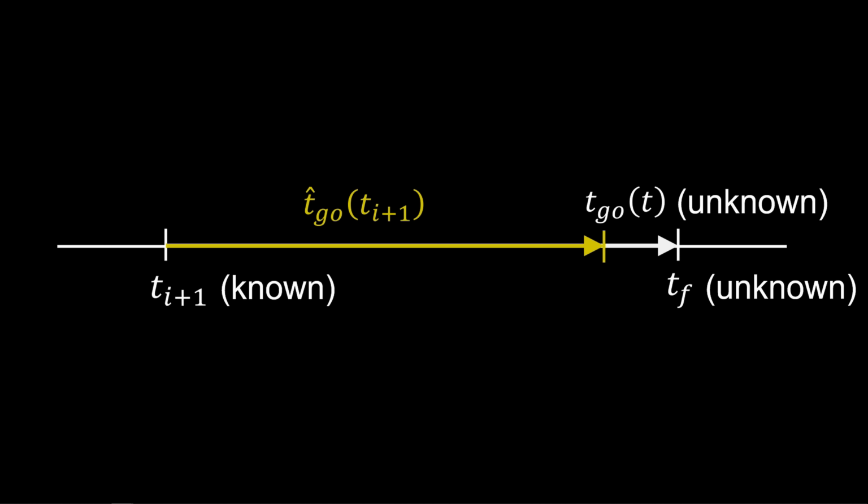Our time to go estimate is now at ti plus 1, and we would like to be more accurate than before. And at ti plus 2, we would obtain an updated time to go estimate with even greater accuracy. This continues until we reach an estimated time to go of 0. That is, we are at the final time.